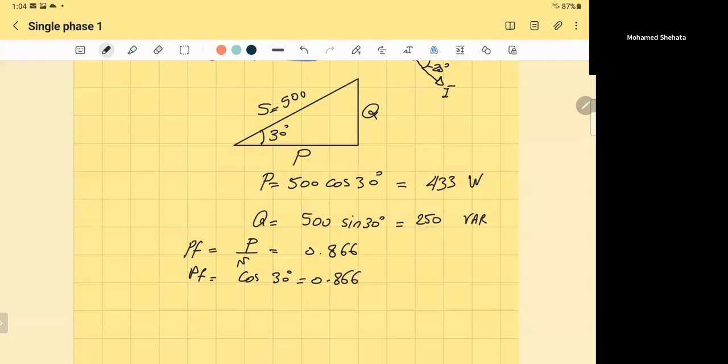I know what you mean. The angle is positive. You talk about the current and the voltage. This point. The angle is positive in the power triangle. If the angle of the power triangle is positive, it's lagging.